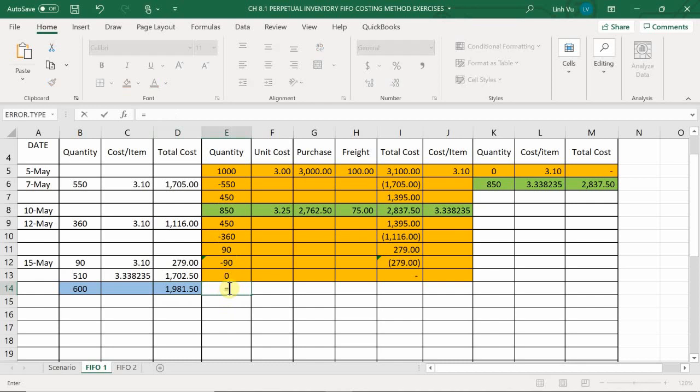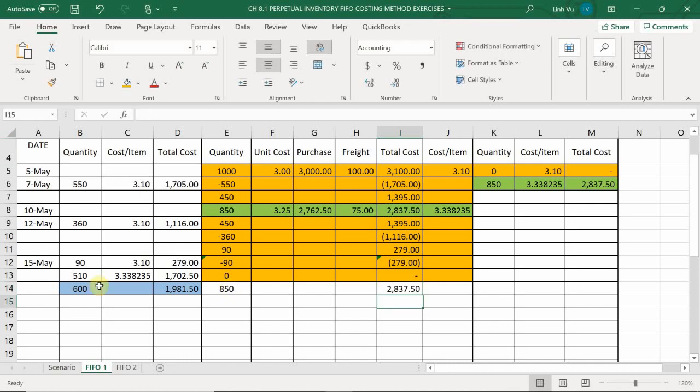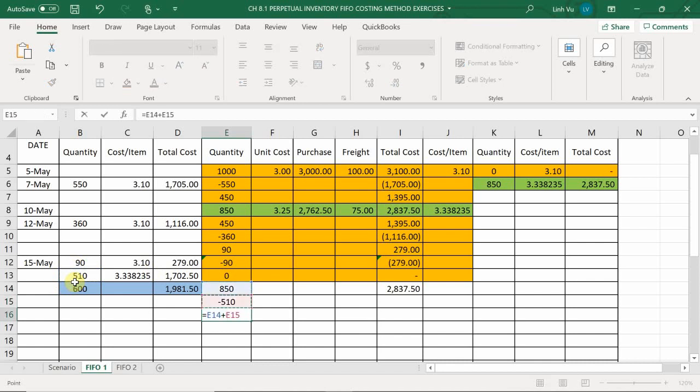So what I'm going to do is carry my green batch down and eliminate 510 items. So therefore, how many items should I have remaining?